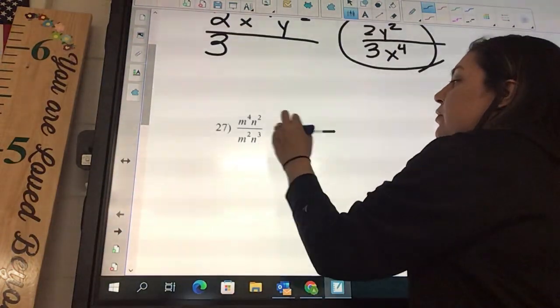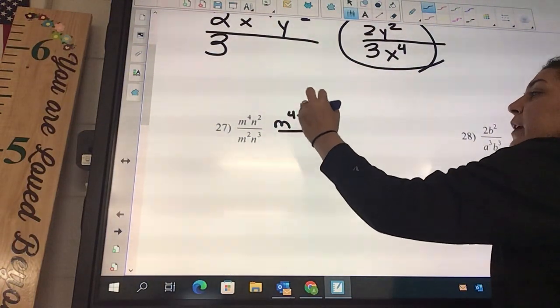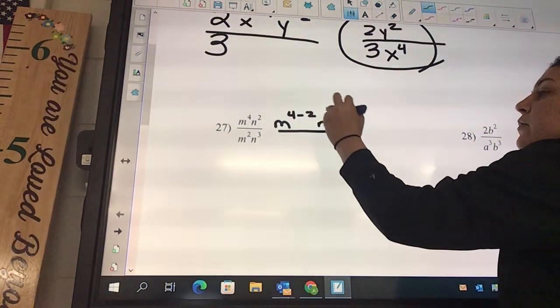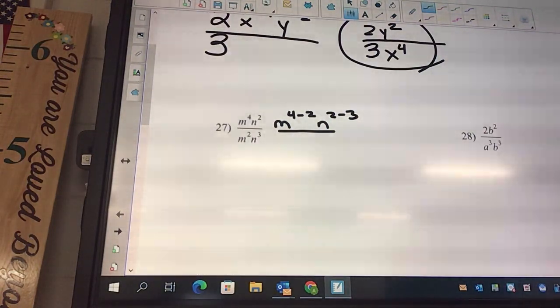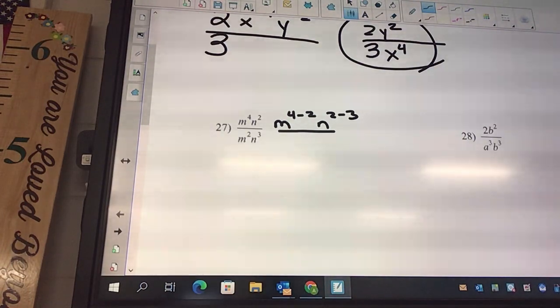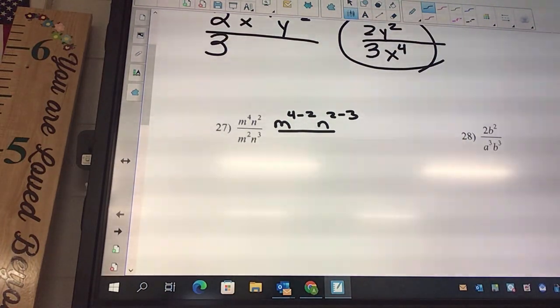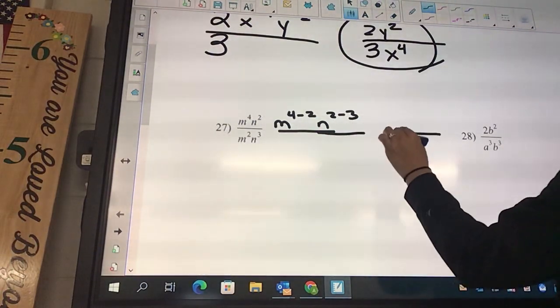Okay, 27, draw your bar. We got m to the 4 minus 2, n to the 2 minus 3. What is 4 minus 2? 2.